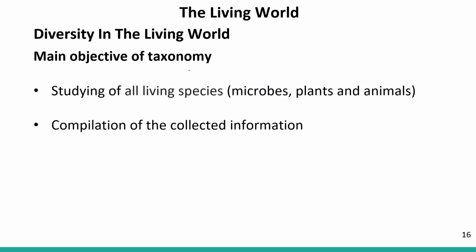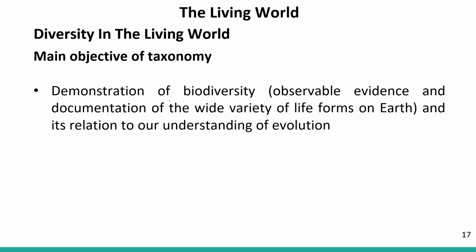Now, what are the objectives of taxonomy? The first objective is the study of all the living species, microbes, plants, and animals. Second is the compilation of the collected information. Third is the demonstration of biodiversity. So what does this mean? Demonstration of biodiversity means the evidence and documentation of the wide variety of life forms present on the earth.